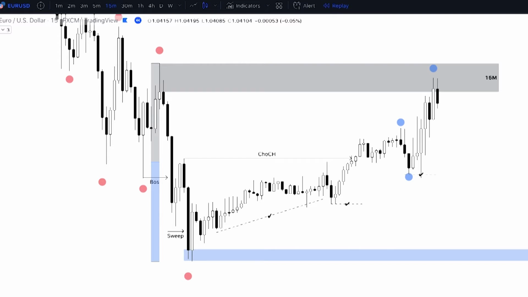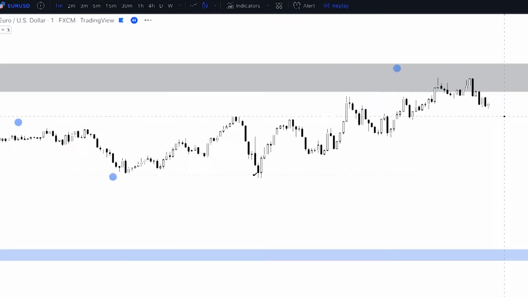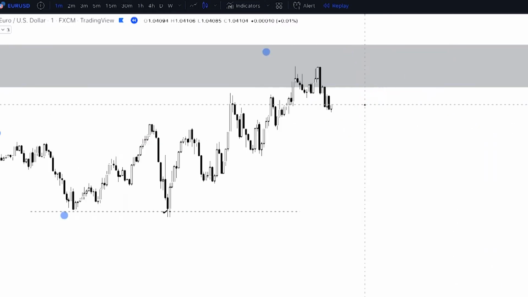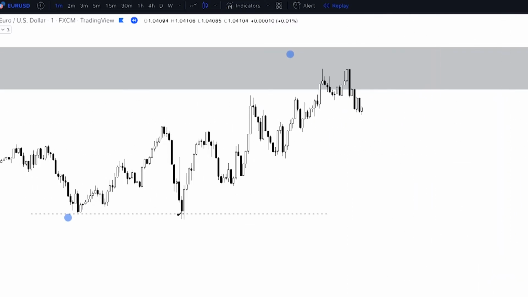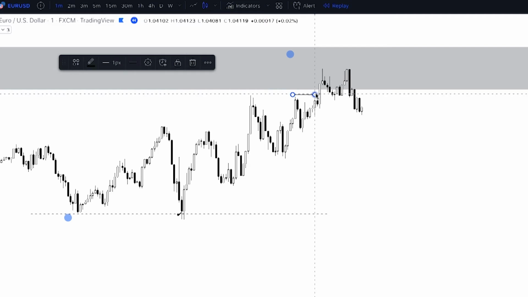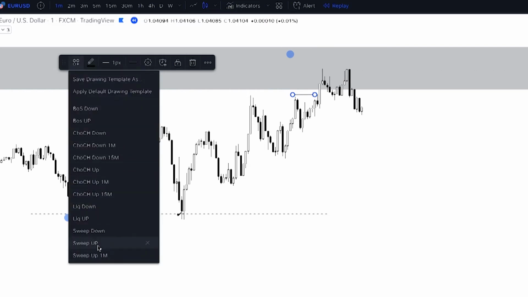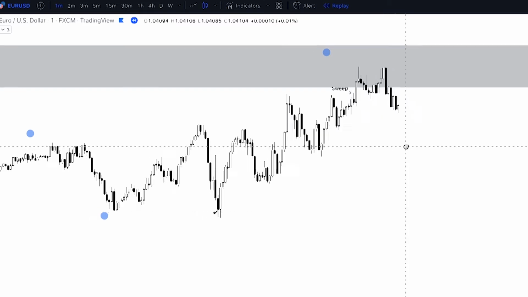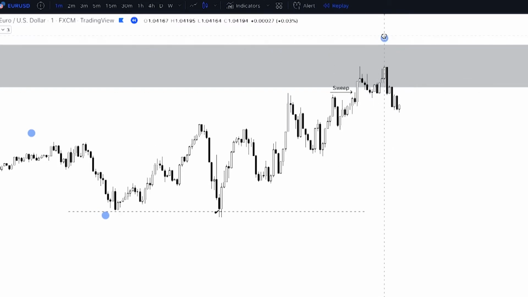If we get some confirmation, we can go ahead and enter. Let's switch to 1 minute. Okay, fine. This is the 1 minute time frame. We swept up, and now if it breaks this structure, then we can confirm that we got a chalk.